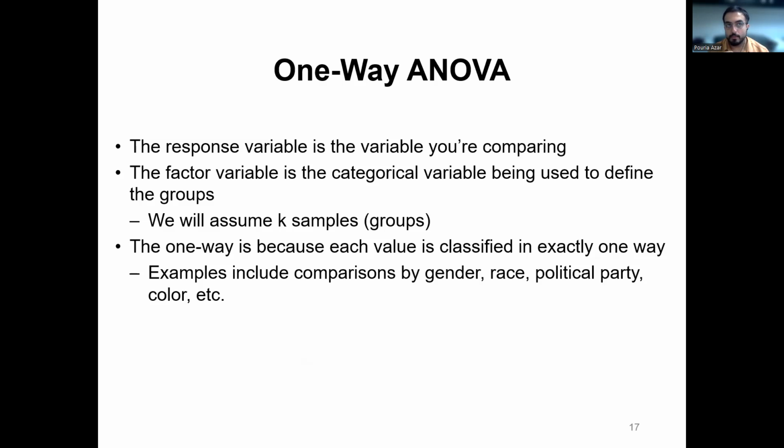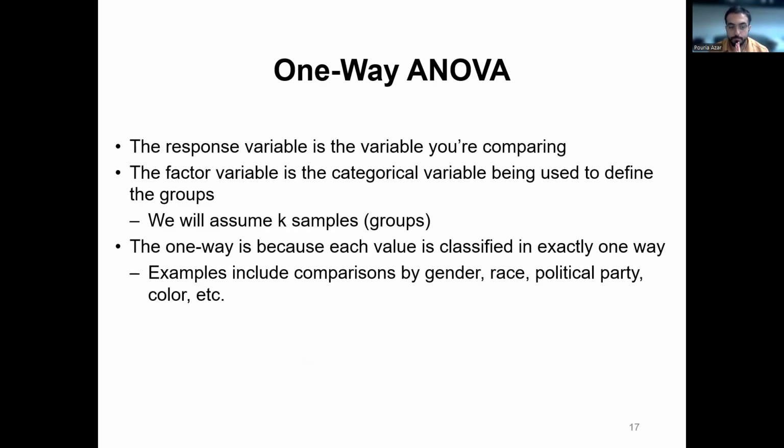We call it one-way ANOVA because each value is classified in exactly one way. For example, our comparisons can be by gender, by race, by political party, by color, and so on.